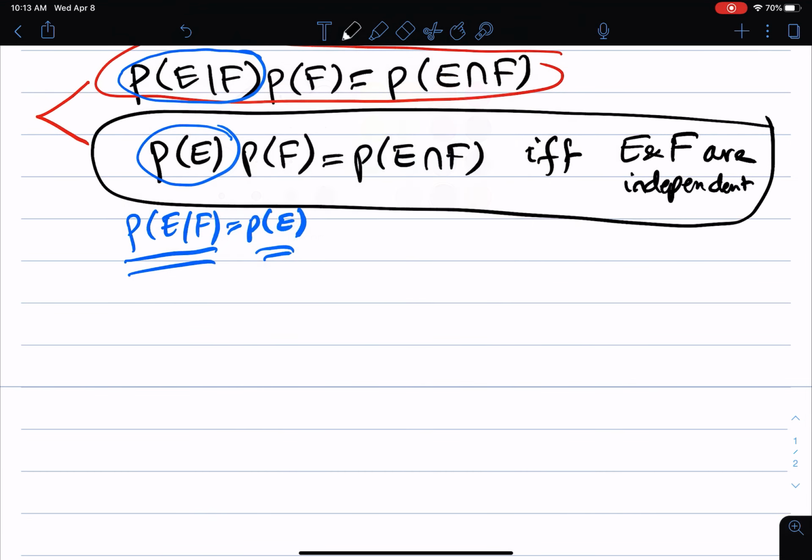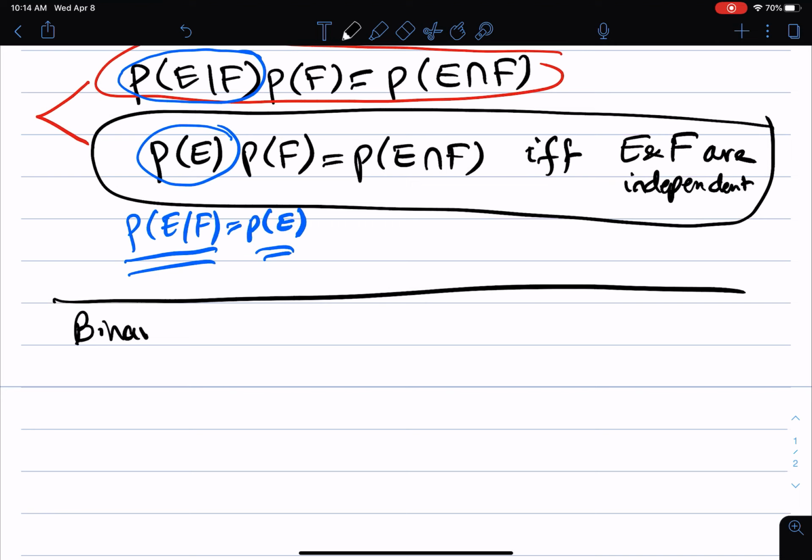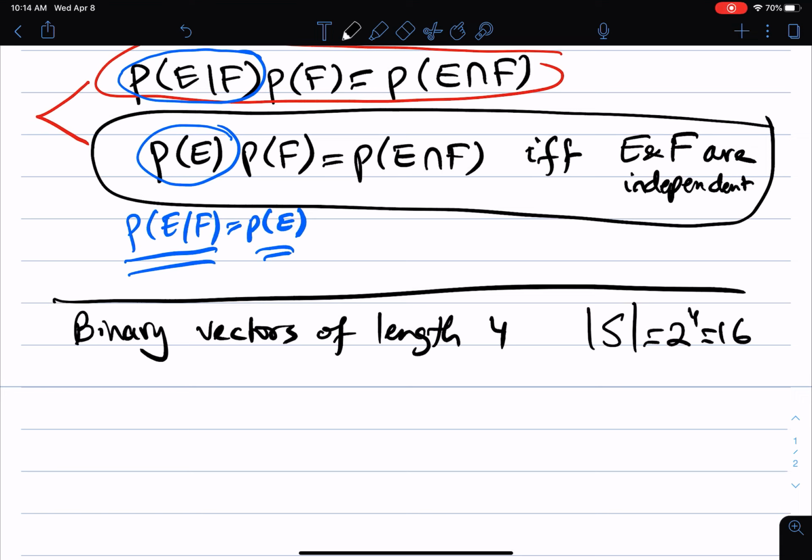Suppose that our experiment is generating binary vectors of length 4, again under the assumption that 0 and 1 have equal probability, so we have 2 to the 4, or 16 possible vectors. The probability of each one of them is 1 over 16.